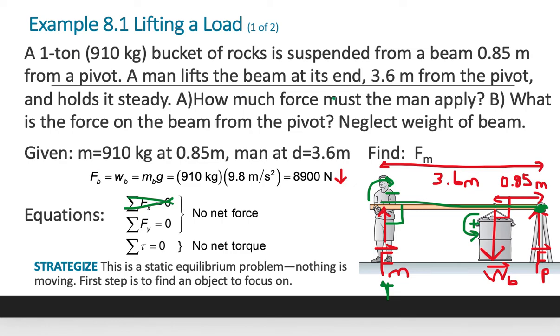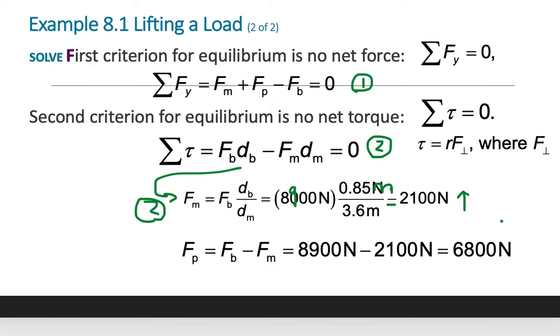So that is part A. Part B is what is the force of the beam? So this was part A, and now we're looking at part B. Well, we just need to substitute everything back into equation 1.